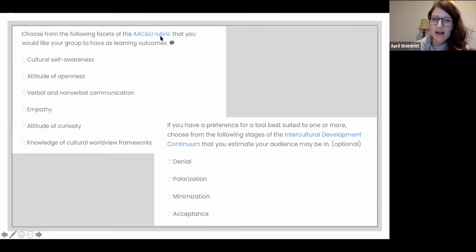And we looked at their definition before. You can filter for what you're trying to target. And if you know where your students are, or you can pretty well guess where your students are on the intercultural development continuum, you can also filter for denial, polarization, minimization, and acceptance.